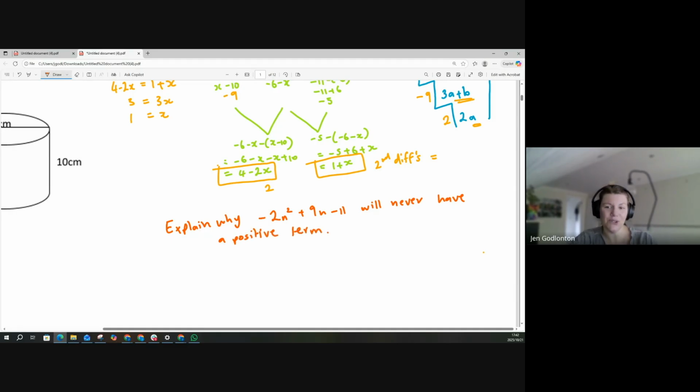I'm going to give you guys 2 minutes to give that one a try as well, and then I'll go through it with you. But you don't need to do completing the square. My hint here is think about a parabola and its turning point.